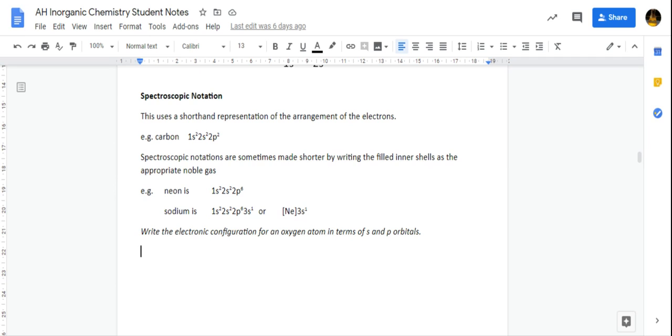If we look at the configuration for an oxygen atom, it will have 2 electrons in the 1s orbital, 2 electrons in the 2s orbital, and then in the 2p orbital, remember the p subshell can hold up to 6 electrons, there will be 4 electrons.